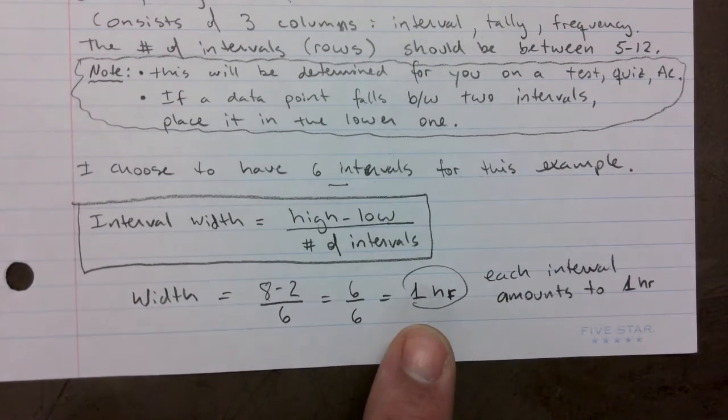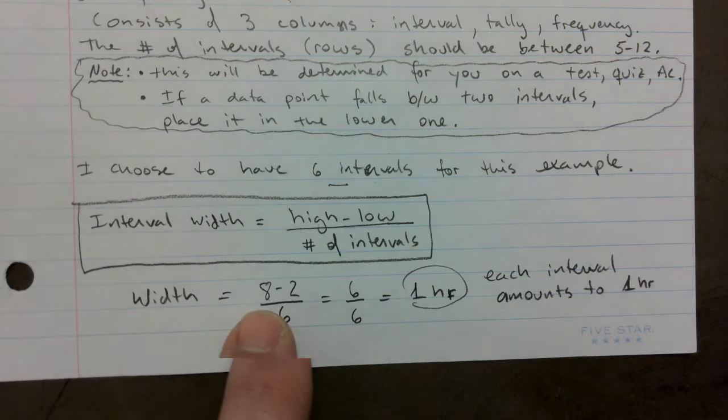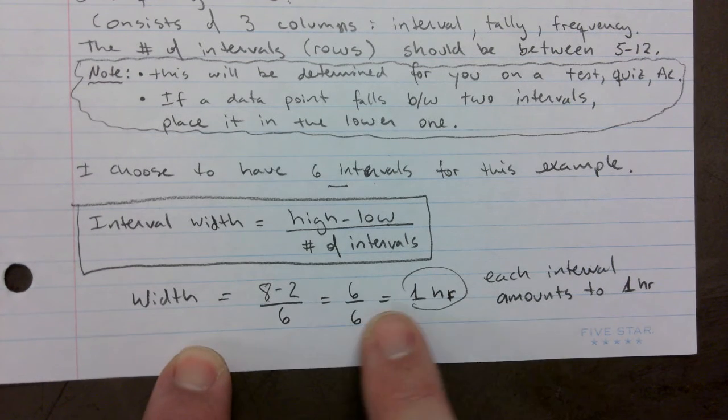This is the kicker: this is just a tool to help you come up with a decent interval. You could say, I'd rather go with 2-hour intervals, I want my columns in 2-hour chunks. That's fine. But if you want to follow how my key is going to be, this is how we'll do it.